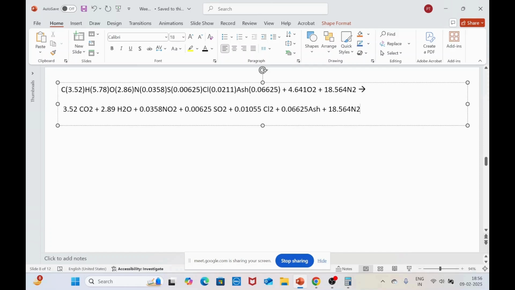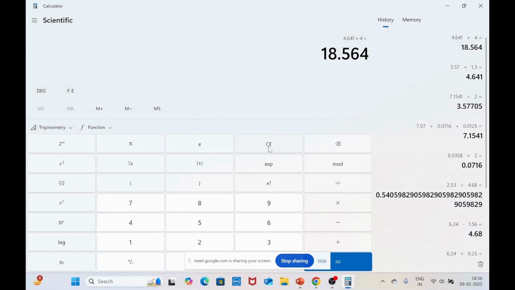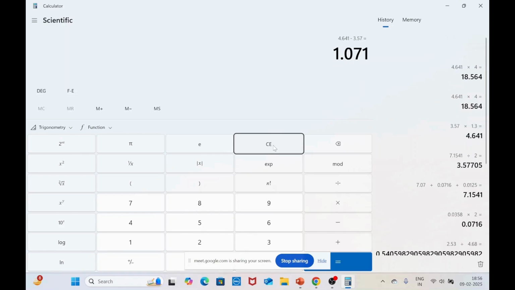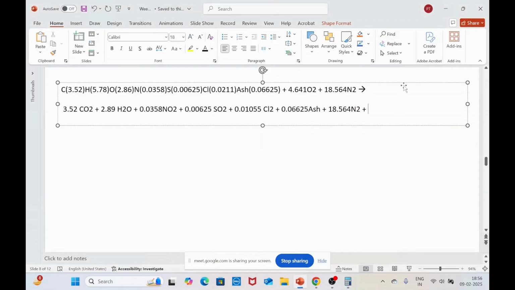So this 18.564 N2 will be here, plus whatever excess of oxygen that we are taking in, we need to account for that also. So 4.641 minus 3.57, that is 1.071.